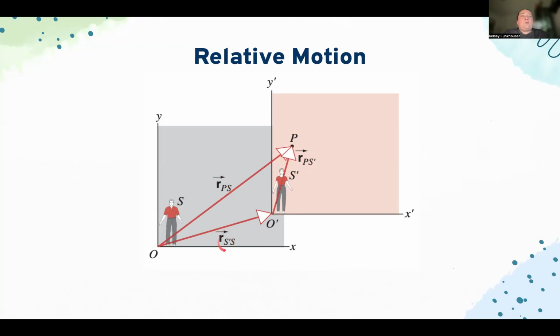So that's where we have S prime, so it's the position of the origin of S prime in the S reference frame. And then these are the position of the particle in the S reference frame and the position in the S prime reference frame.